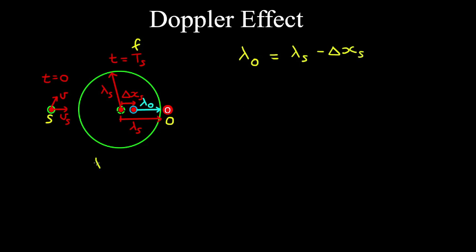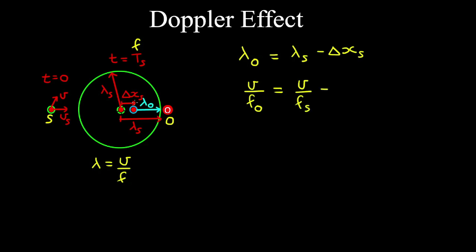And using the relationship between the wavelength and the frequency, we have lambda O is the speed of sound on the frequency heard by the observer, and lambda s is the speed of sound on the frequency of the source.